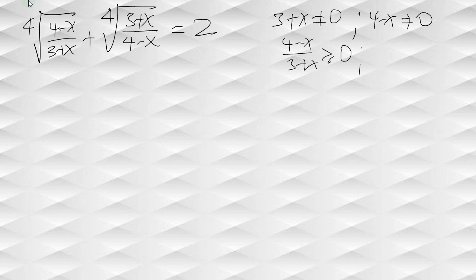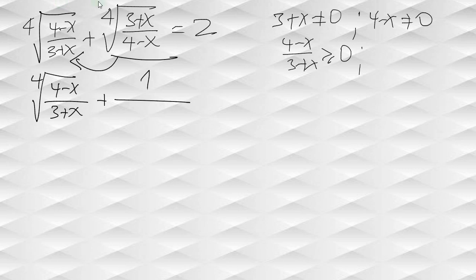I say that this one here is the inverse of this one here, right? So I'm gonna keep this one here, 4th root of 4 minus x divided by 3 plus x, and then the other one is the inverse of the first term, right? So this is 1 over 4th root of 4 minus x over 3 plus x, and then this is equal to.